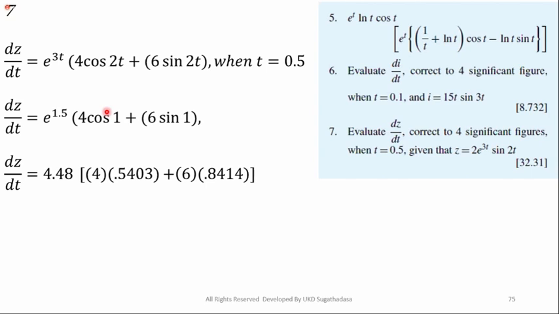I'm not going to show one by one how you get this; that is up to you, right? You open the exponential function, type e to the power 1.5, and it will give the answer 4.48. Cos 1 is 0.5403, and 6 times sine 1 is 0.8 something.